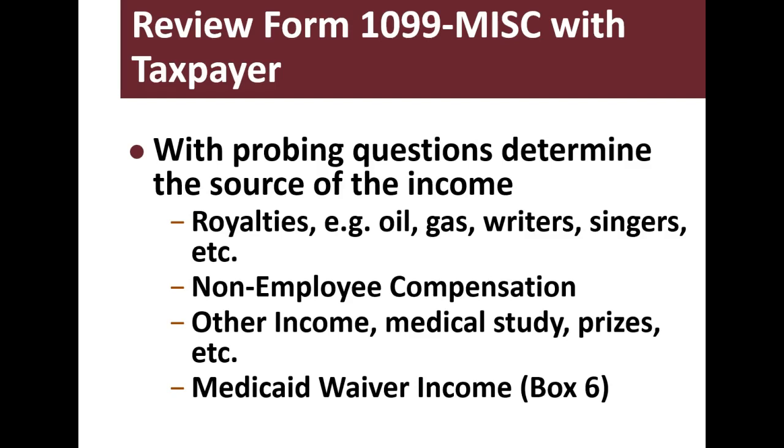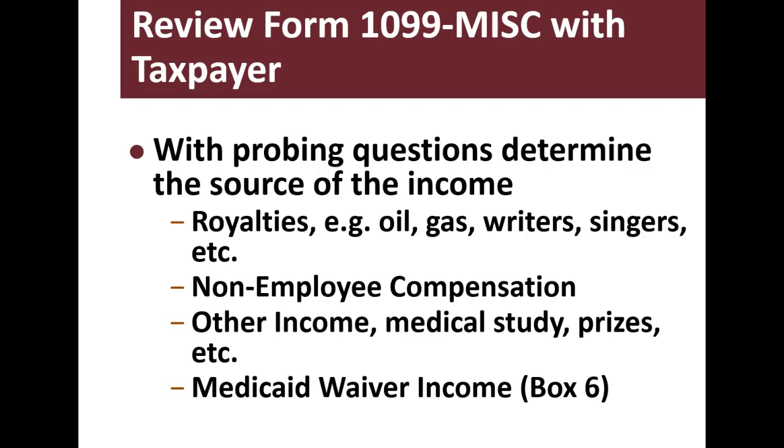A lot of times, this income could appear on a Form 1099 miscellaneous, and if you have that form from the taxpayer, you can ask him, how did this income arise? What is it? Is it royalties?